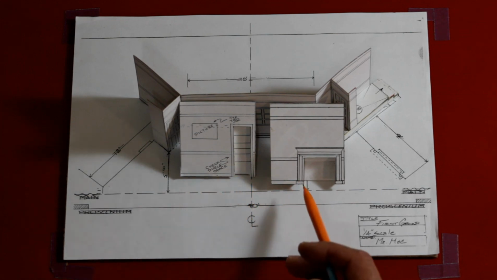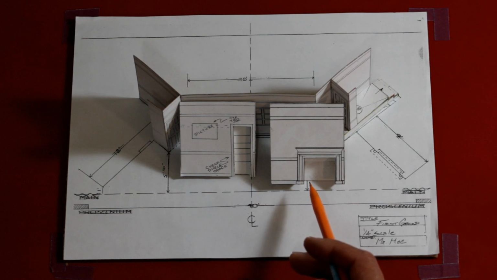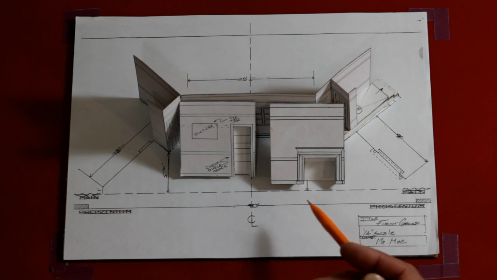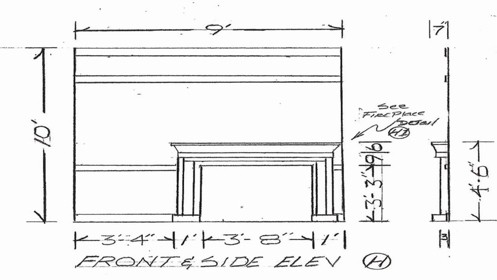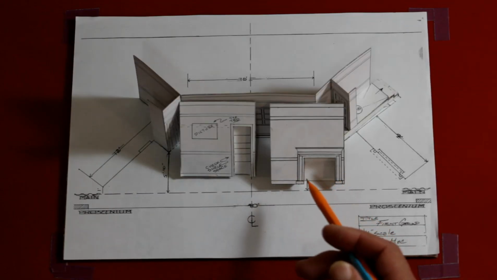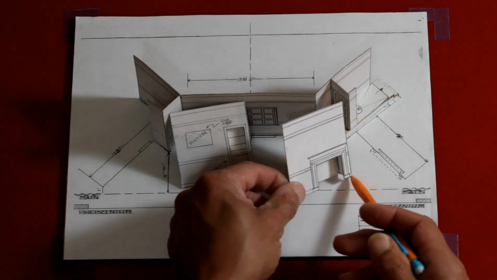And then we went over here to the fireplace, and we added depth to that, and we pushed it. The original opening is 3'8" by 3'3", so we pushed it back 6 inches on each side and pushed it up and gave it this nice little ramp detail.